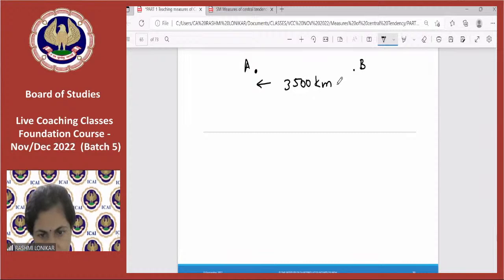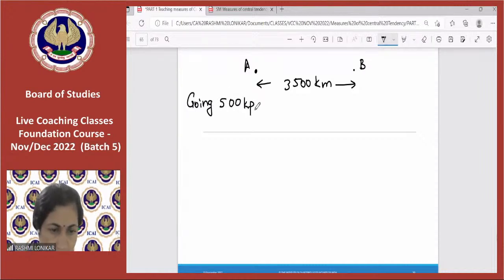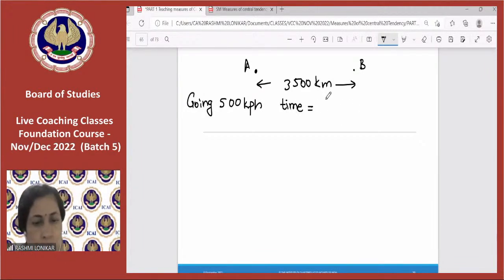While going, what happens? While going, speed is how much? 500 kph. How much time will the pilot take? So 3,500 divided by the speed will give me how much time? It is going to take 7 hours.